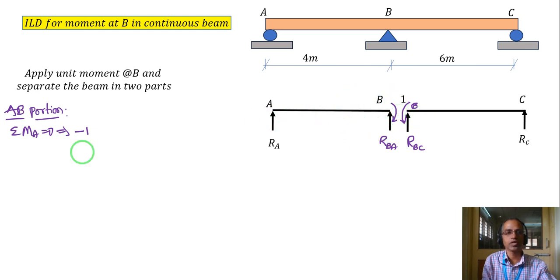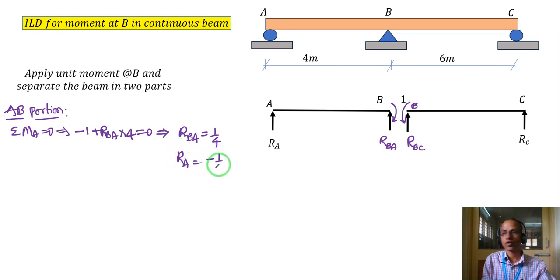This moment is clockwise, so -1 plus RBA, which gives anti-clockwise, which is positive, into 4 is equal to 0. So this means RBA is 1/4. So RA must be equal to -1/4.